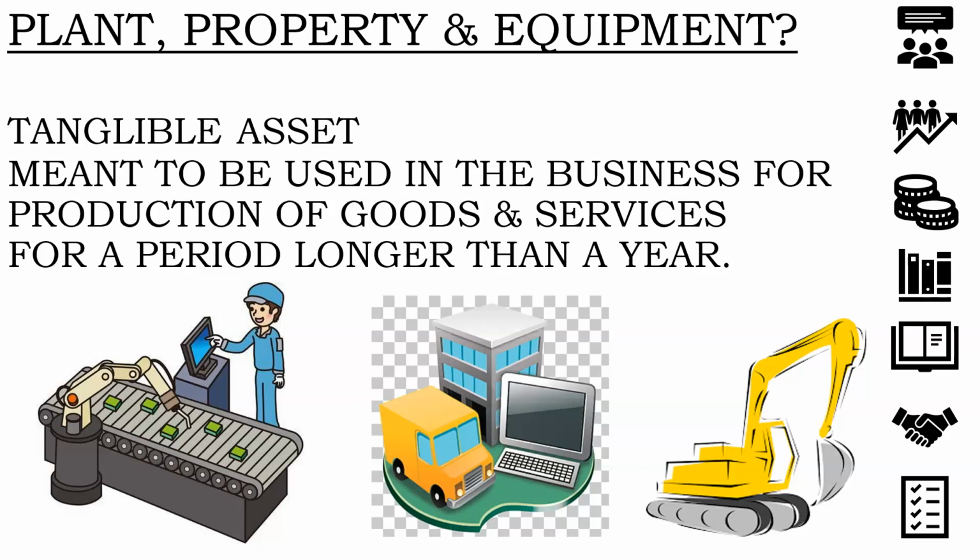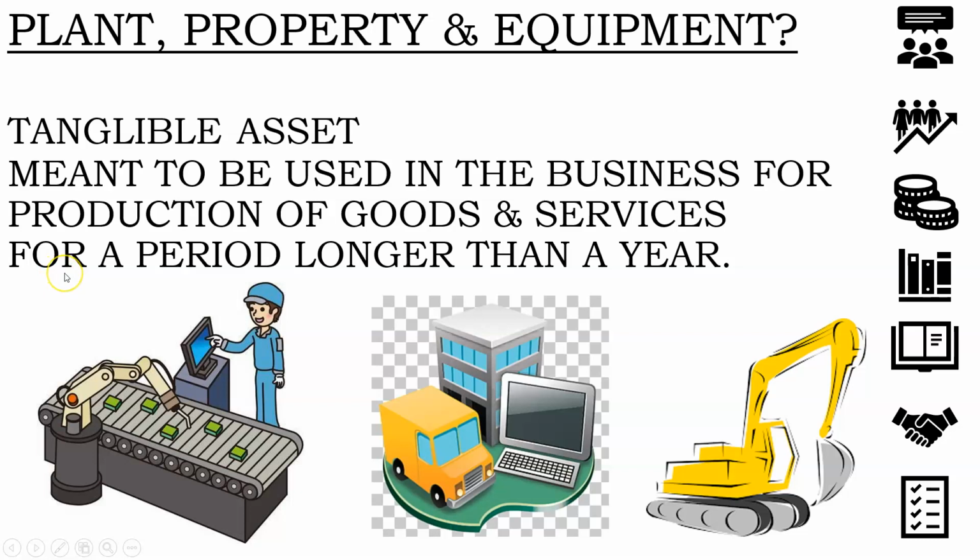We are not in the business of buying and selling them. Instead, we have a business where we have to produce the goods that we want to sell with the help of plant, property and equipment, and for a period longer than 1 year. As I just told you, current assets are those that are not kept for more than 1 year, or if they are kept, they can be easily converted into cash.